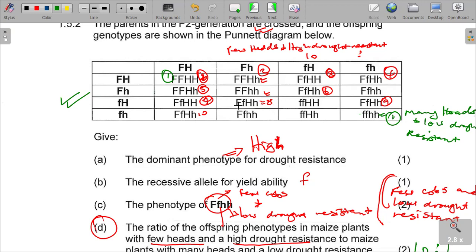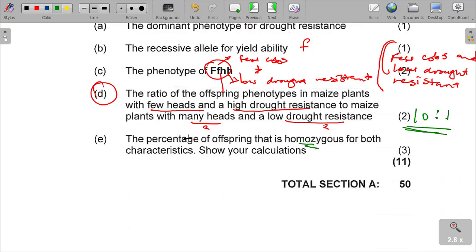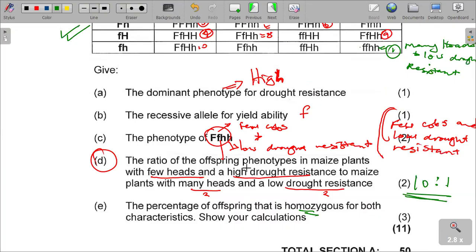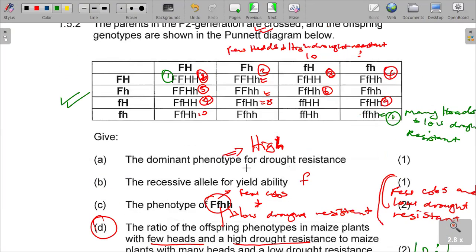How many do we have there? The percentage of offspring that are homozygous for both characteristics. So your working: you need to check where do we have both characteristics shown.